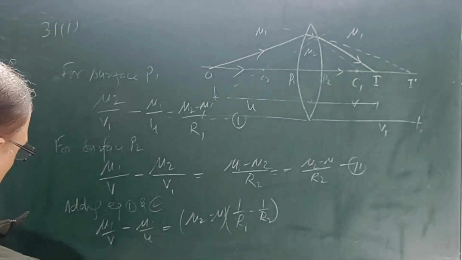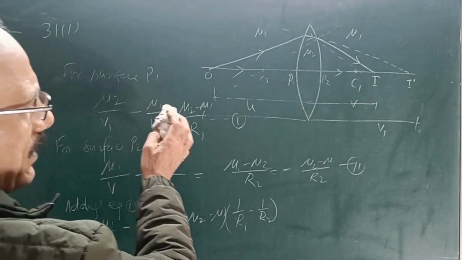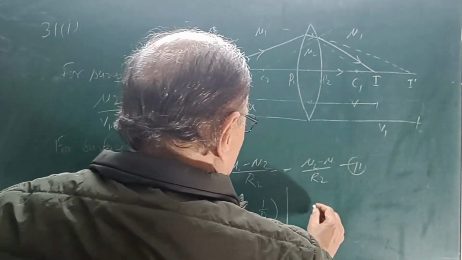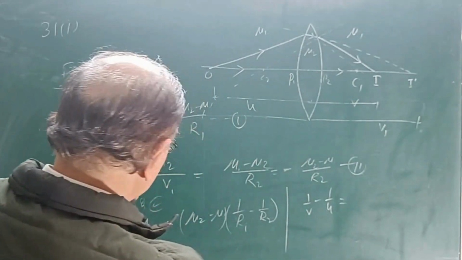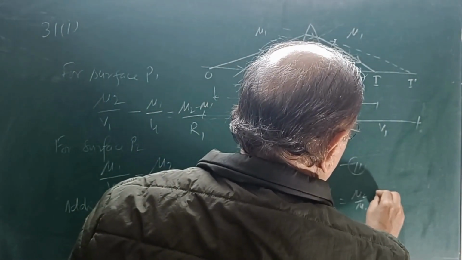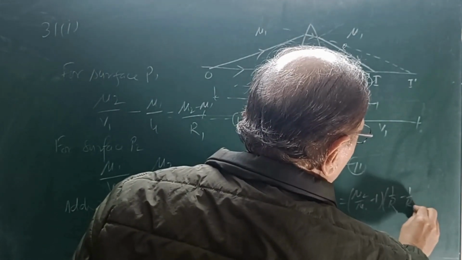If we take mu1 common, 1 upon V minus 1 upon U equals, mu1 goes to this side, so it will be mu2 by mu1 minus 1 into 1 upon R1 minus 1 upon R2.